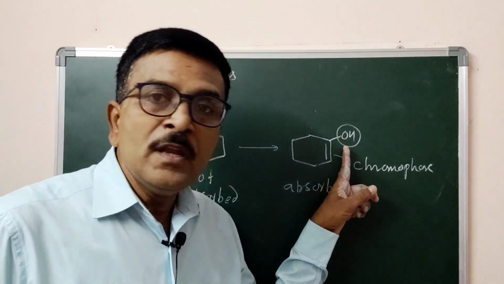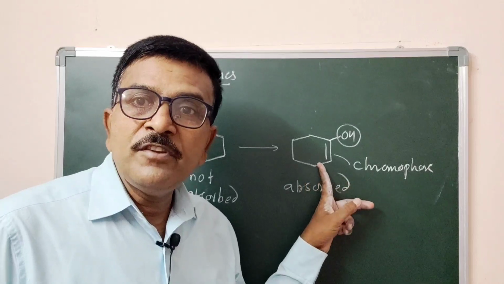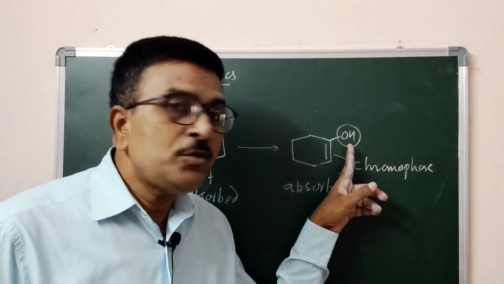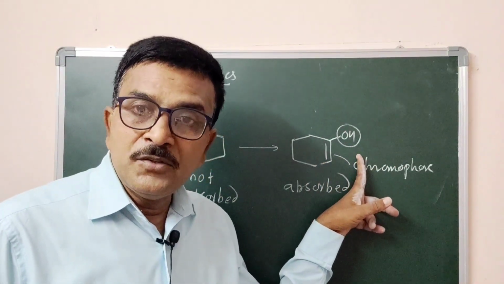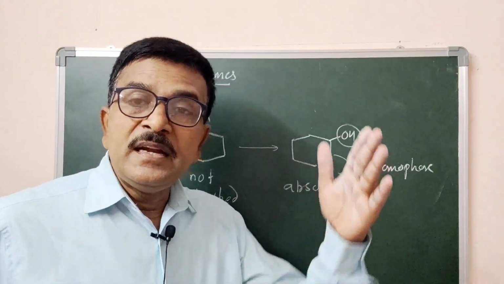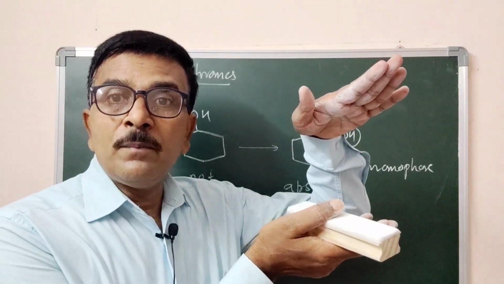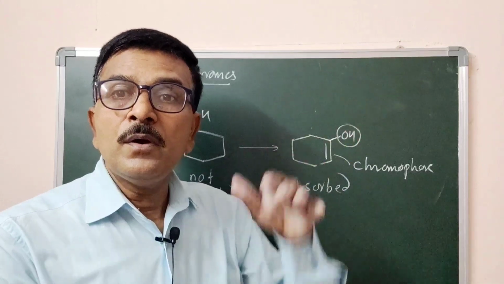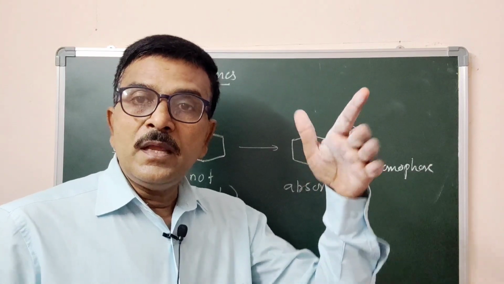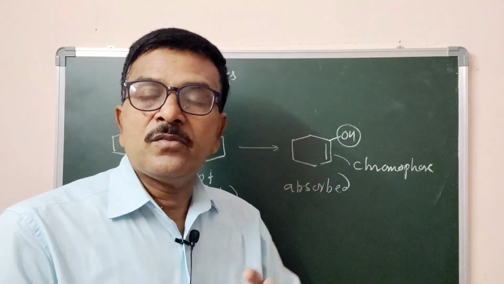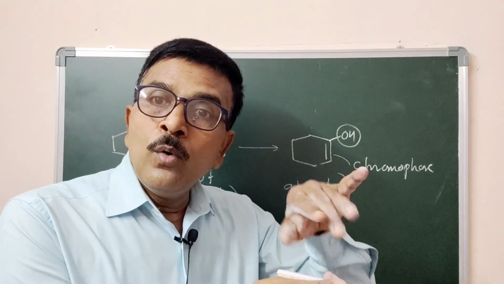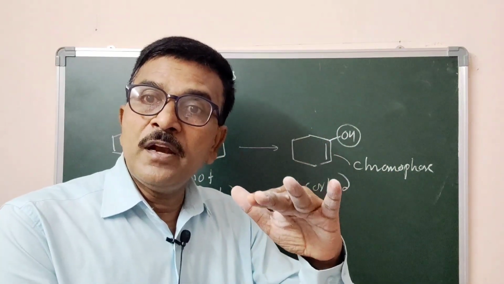Because this group is conjugated with the chromophore, it enhances the resonance energy, thereby decreasing the energy difference between the two orbitals, bonding molecular orbital to anti-bonding molecular orbital. When resonance energy increases, the energy difference between the orbitals decreases. When the energy difference decreases, there is more probability of absorption of energy by the molecule.